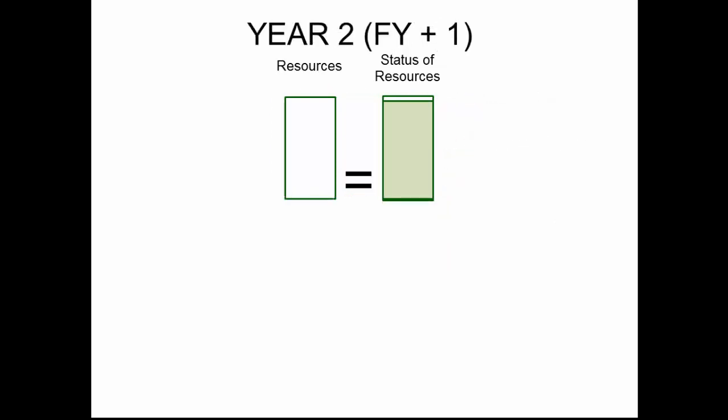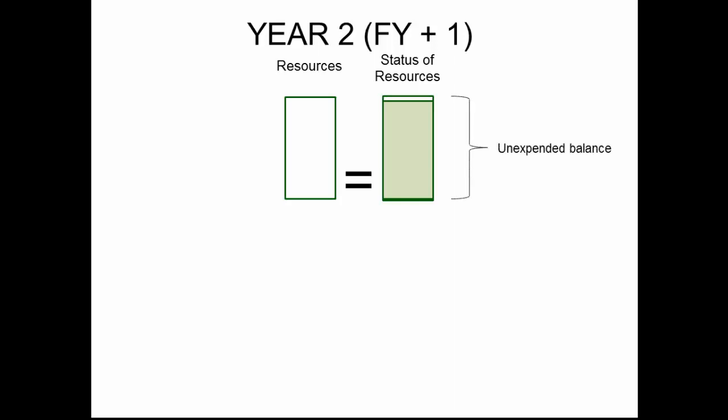It's important to remember that our accounting equation stays the same in year 2. Resources equals status of resources. The paid obligations of year 1 are deducted from both sides of the equation, the resources and the status of resources, thereby maintaining the equation in year 2.